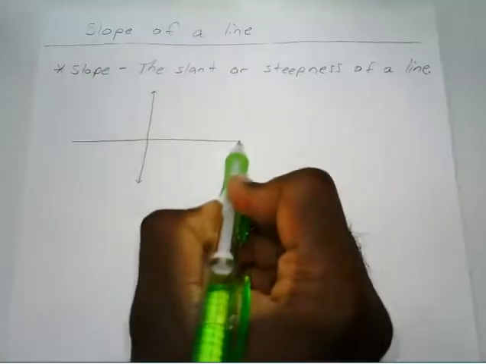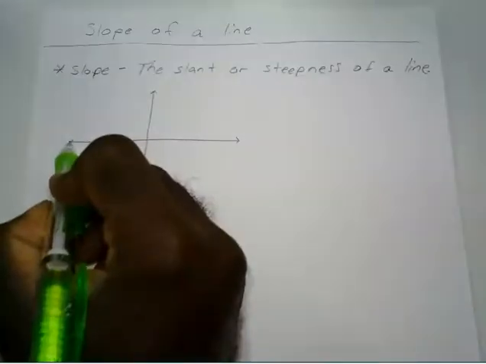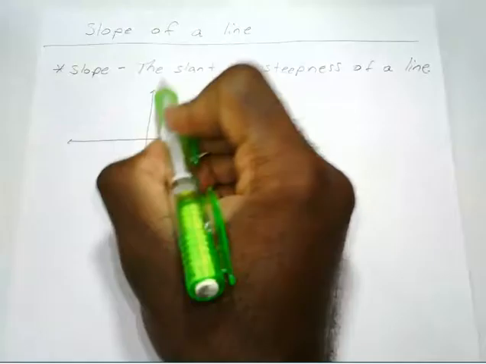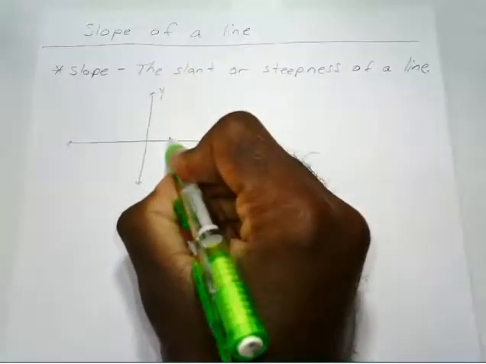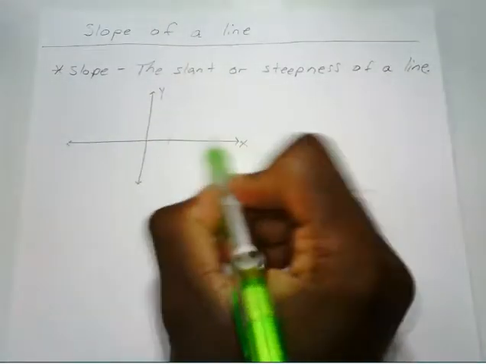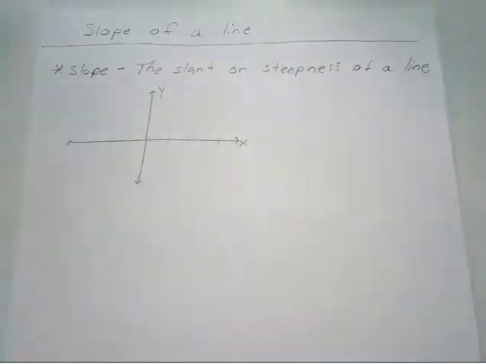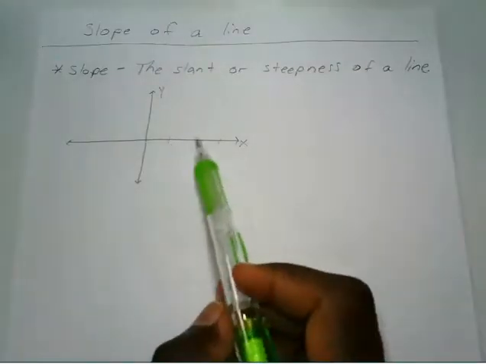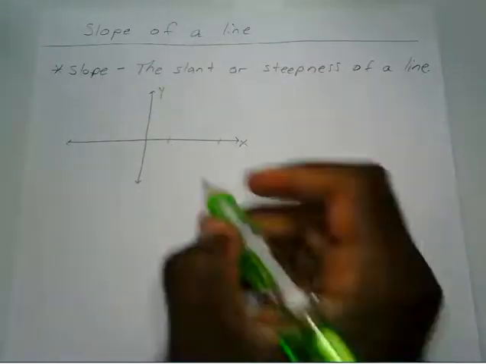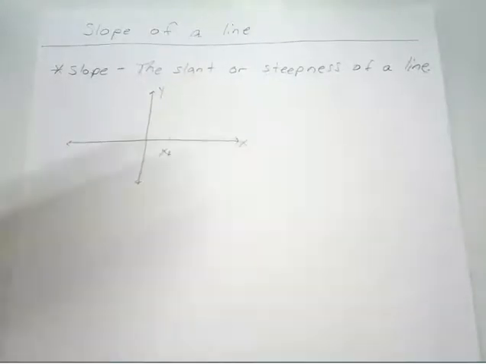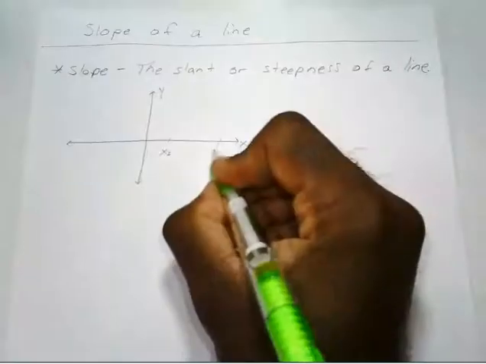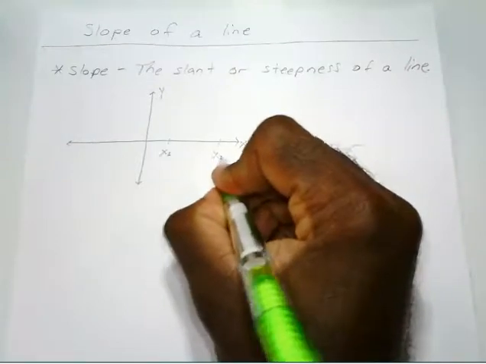Let's say we have our x and y axis, we have our x here and our y there. If we pick two x values, it could be 1 and 5, it could be 3 and 20, it could be any two x values, but we'll just call them x number 1 and x number 2.